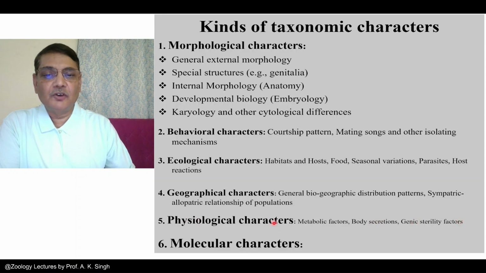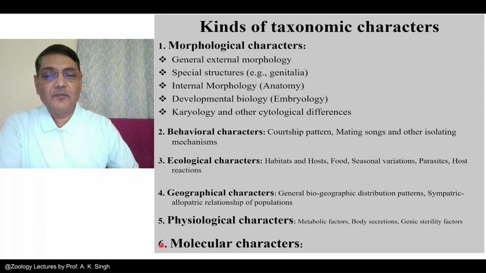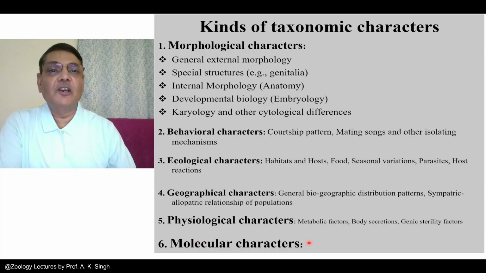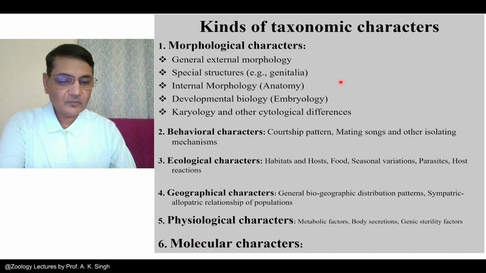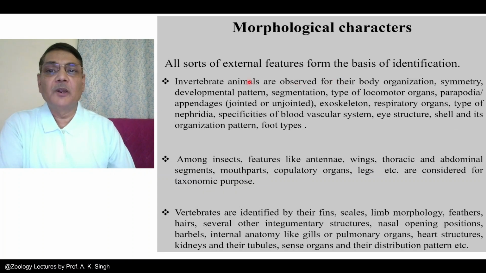These come under physiological characters and also form the basis for identifying species. And finally, we shall be considering molecular characters, which are particularly seen these days, like DNA barcoding is one of the popular molecular characters used for taxonomic purpose. So let us see these aspects one by one.